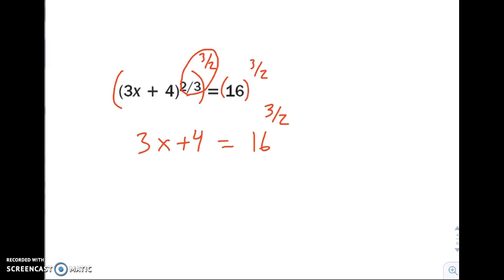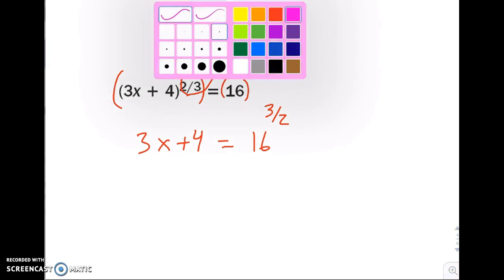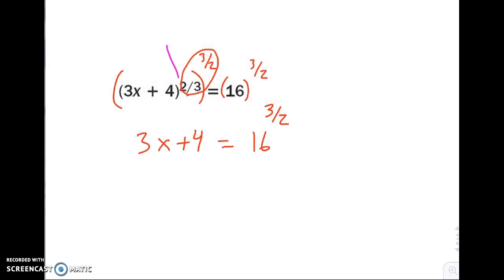Now, one thing that we need to be careful about here is, do we need to include positives and negatives? If you look at this, that 2 means that it is squared. This really means 3x plus 4 squared, and then it's the cube root of that. Anytime you have something to an even power, it changes sign.